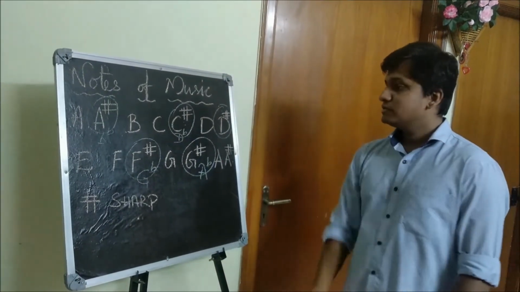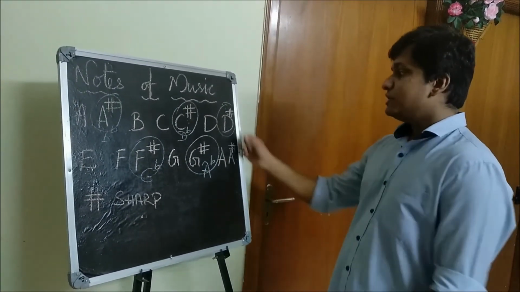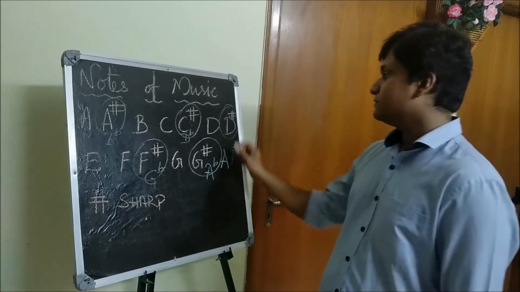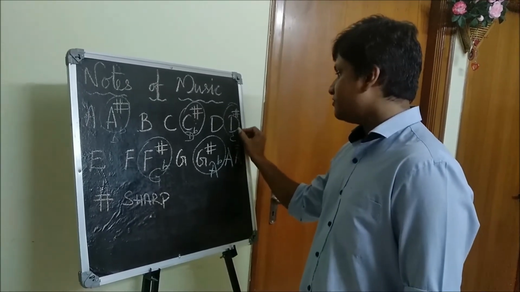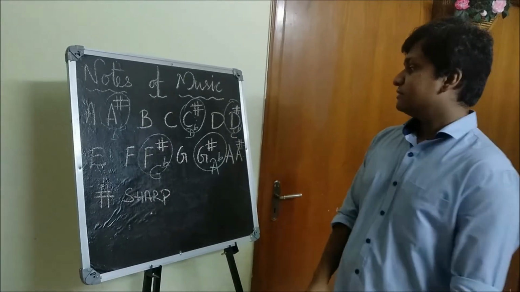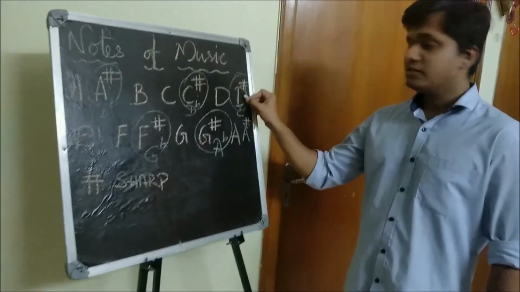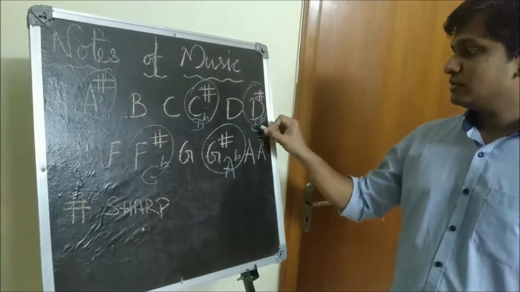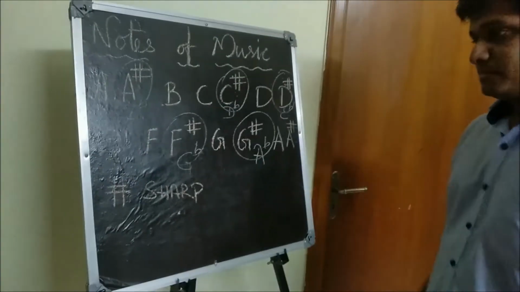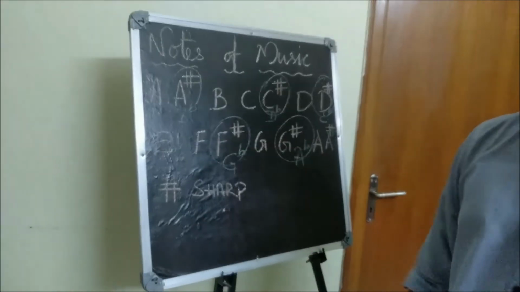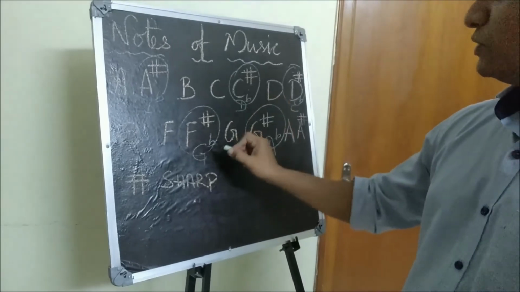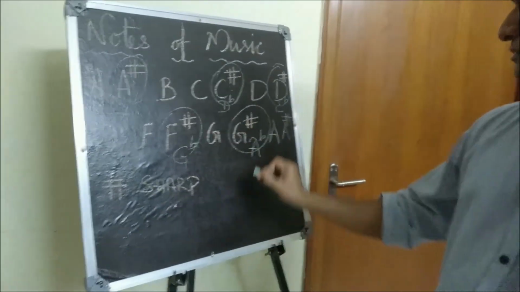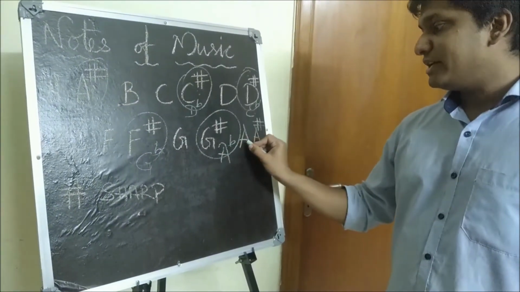The same for D sharp. D sharp can be called E flat because it's higher in tone or pitch to D, lower to E. Likewise for F sharp, also called G flat, and G sharp called A flat.